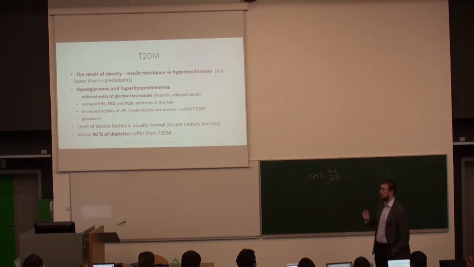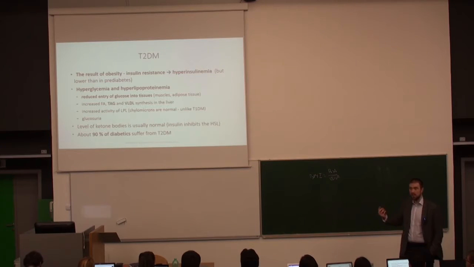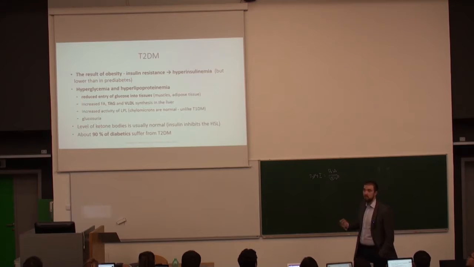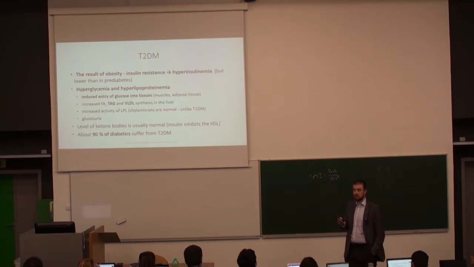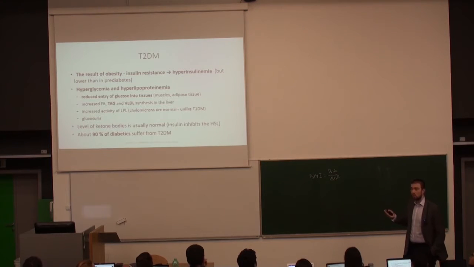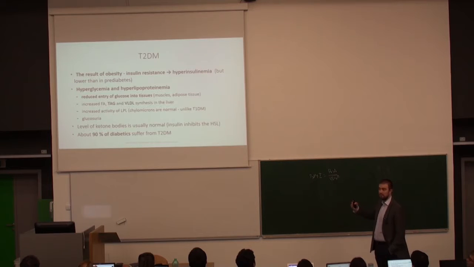That's another factor: since their body is for too long in the well-fed state, they produce more VLDL and to some extent also chylomicrons. But the chylomicrons are typically not so elevated. What is more elevated here are the VLDL particles, due to the increased de novo production of lipids inside the liver.